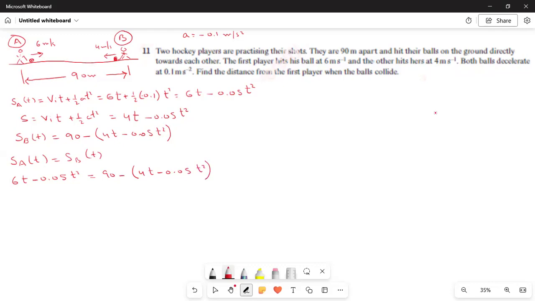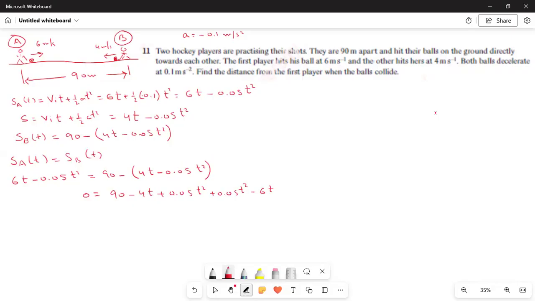Make sense? On the right side, I have 90 minus 4t plus 0.05 t squared. If I bring this to the other side, it will become plus 0.05 t squared and minus 6t, and this all is equal to 0.